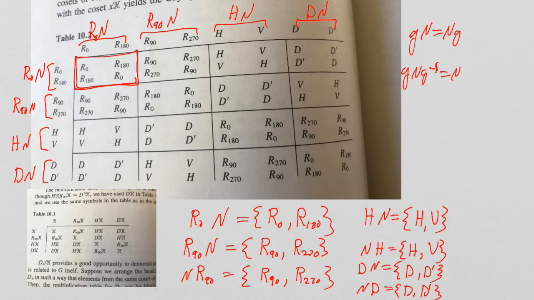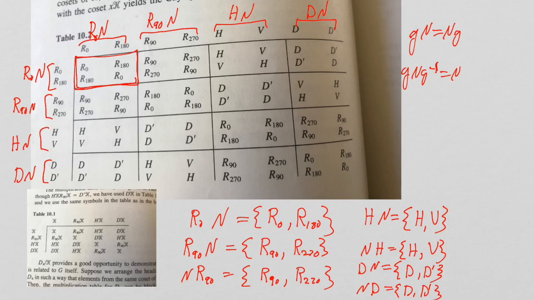So this is true for R90, and it must also be true for R270, the other element of the coset. HN is HV, NH is also HV, DN is DD prime, and ND is also DD prime. So that's everything, right? Once you understand that if I checked it for H and V shows up in its coset, then it's also good for V, R0, R180 is in fact a normal subgroup.